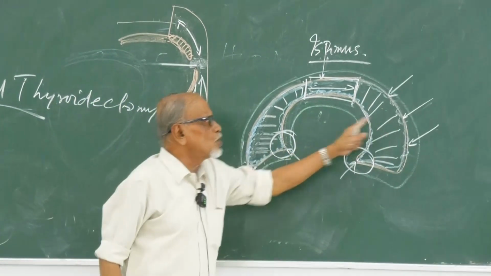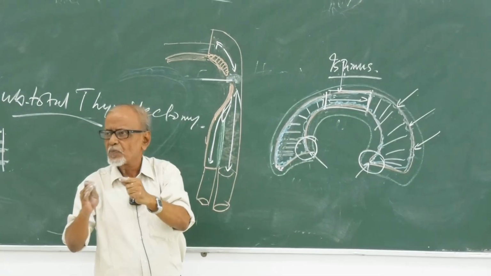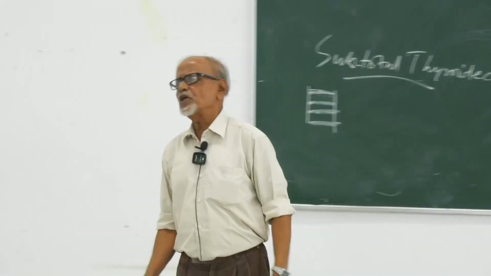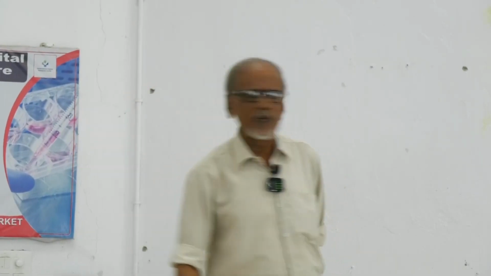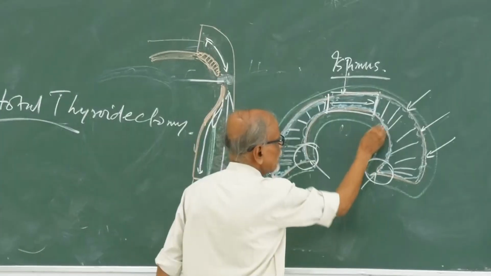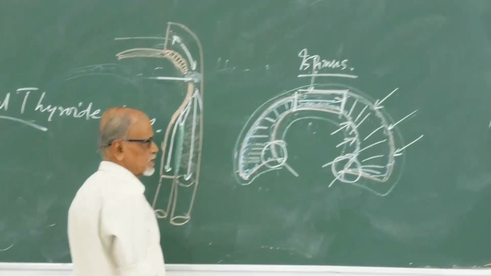The surface lying opposite this is the deep surface and it faces back as well as medially. Therefore, being in the posterior part of the gland, it is called the posteromedial surface, or you may call it simply the medial surface. No problem. This surface is the medial or posteromedial surface.